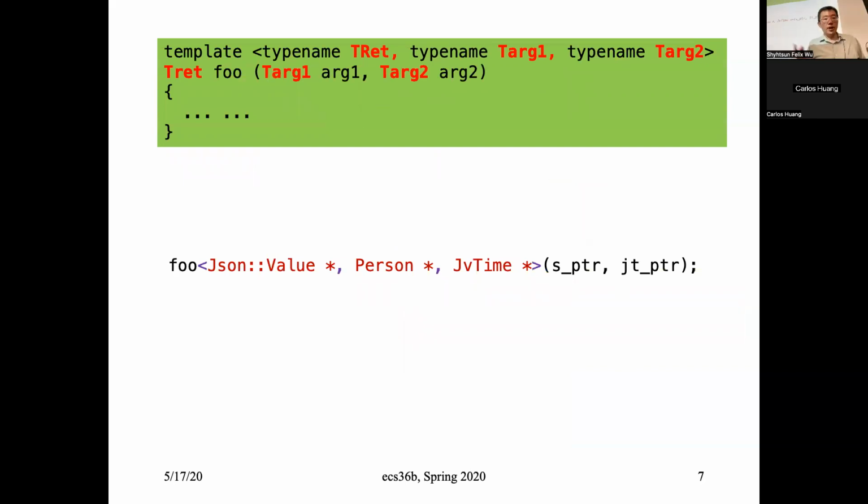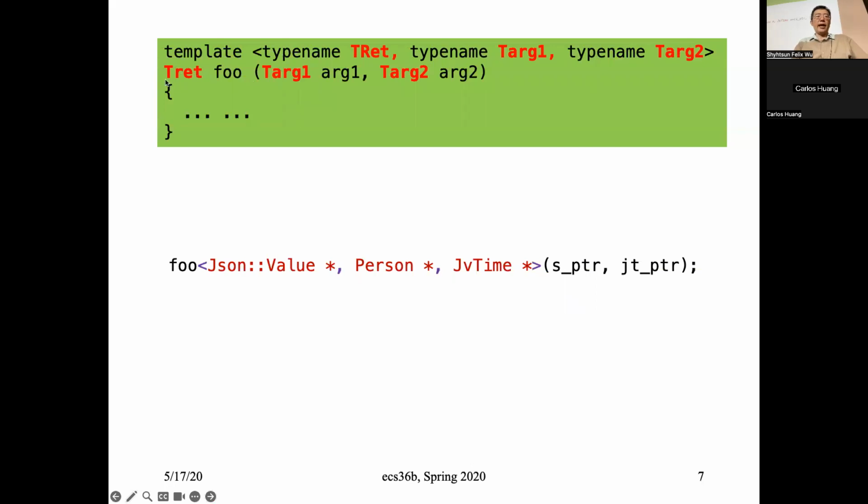All right, so here is the syntax for a template. This is the generic way. The earlier example was very simple, but this is the general one, and then I will stop. Essentially in the template you have a typename for T return, and you can have multiple typenames, one for argument one and one for argument two.